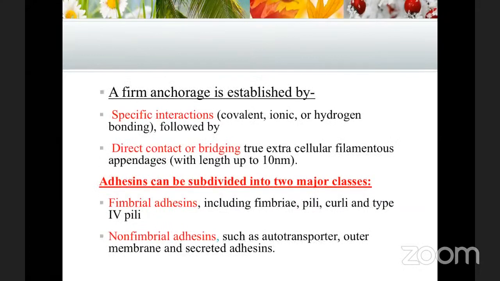A firm anchorage is established by specific interactions: covalent, ionic, and hydrogen bonding. Adhesions can be subdivided into two major classes. We know that P. gingivalis has major fimbriae and minor fimbriae, the fimbrial attachment. It is a type of attachment, fimbrial adhesions.